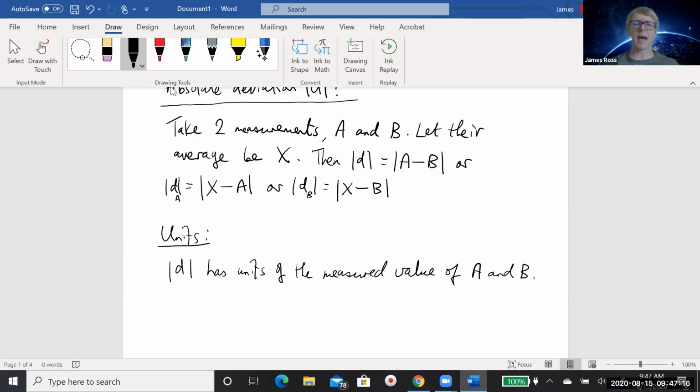Absolute deviation has to be positive because it's an absolute value. So it wouldn't make sense to consider any negative values because they don't exist.